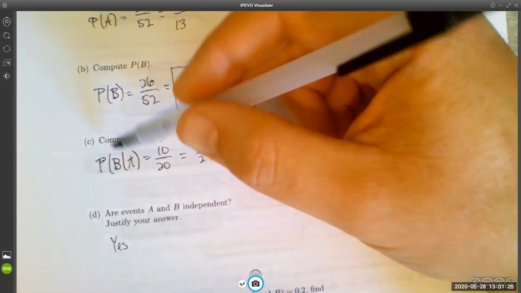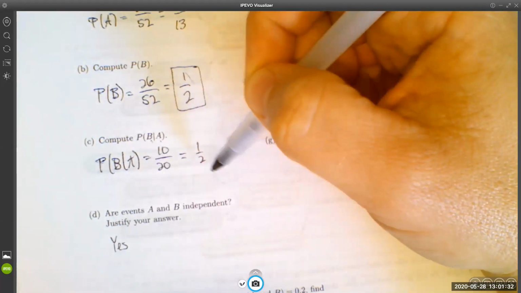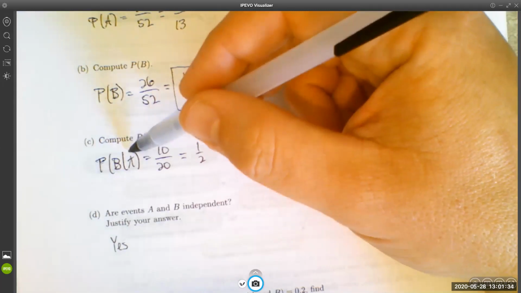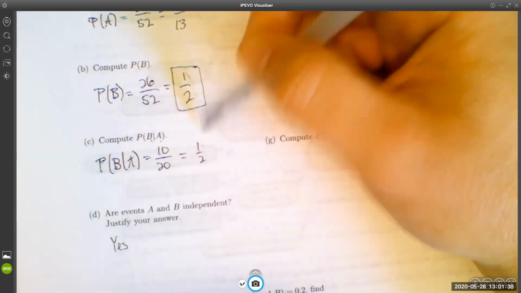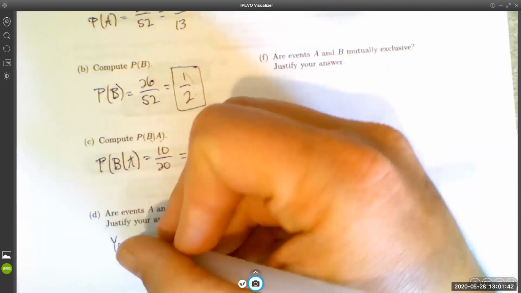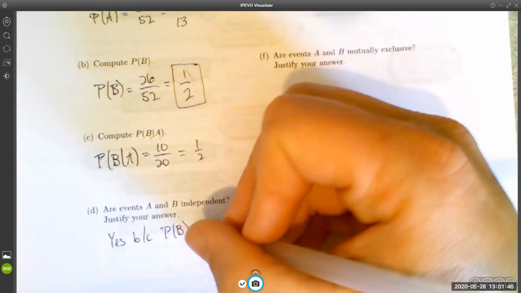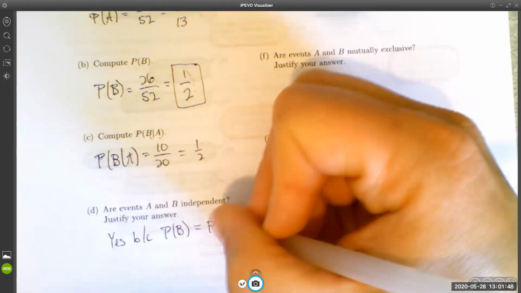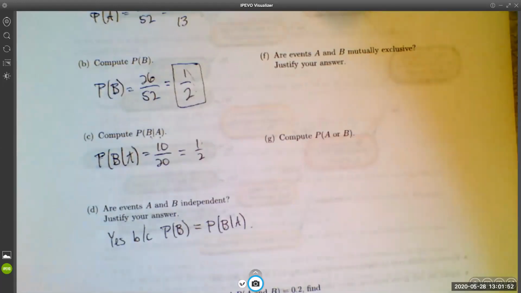The probability that you choose a black card, given that event A has occurred, is still 1/2. So clearly, event A does not have an effect on whether or not B occurs, because these two numbers are the same. So we say, are events A and B independent? Yes, because the probability of B is equal to the probability of B given A. All right, that would be a good justification for the answer.